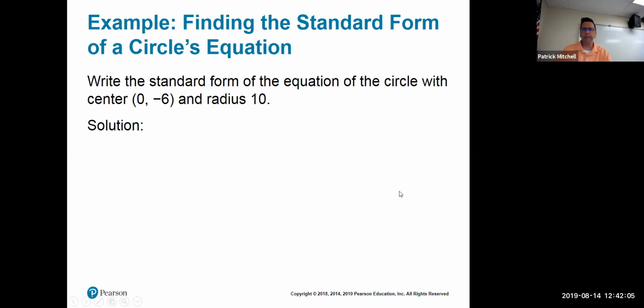Here's the example. They want me to write the standard form of the equation of the circle with center 0, -6, and radius 10. Okay. So I'm going to take my formula, which is (x minus h) squared plus (y minus k) squared equals r squared.